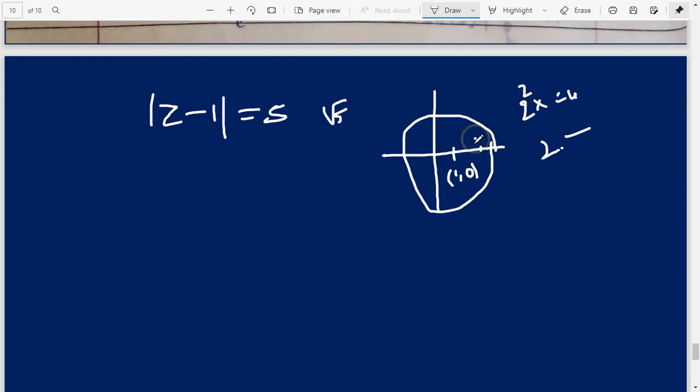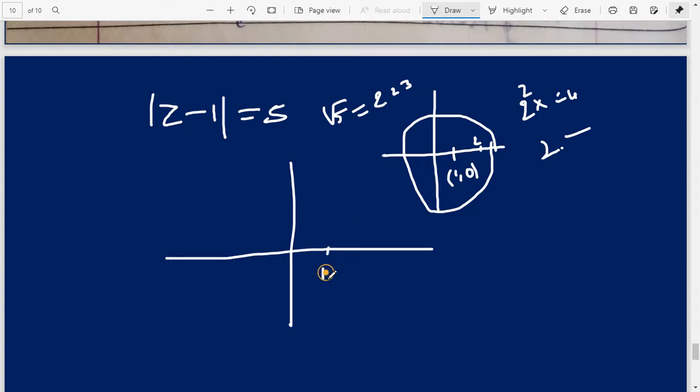So 2 is here. Center at 1, 0, and this is the circle C2, and Z0 is equal to 2 is inside the circle, so n is equal to minus 1.